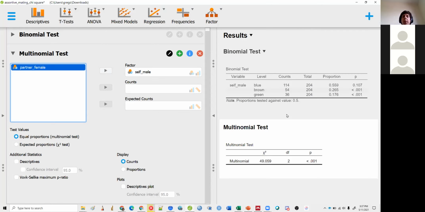But as many of you know, depending on what part of the world you're from, the distribution in the population of blue eyes, brown eyes, and green eyes is going to be very different. For example, if you're living in a Scandinavian country, there is a pretty high proportion of people with blue eyes. If you're living in East Asia, there's a very high proportion of people with brown eyes.